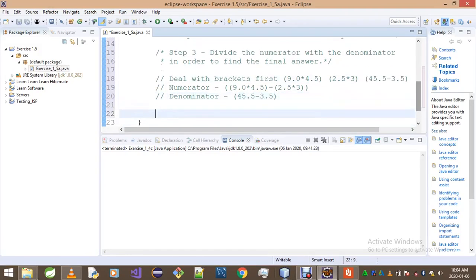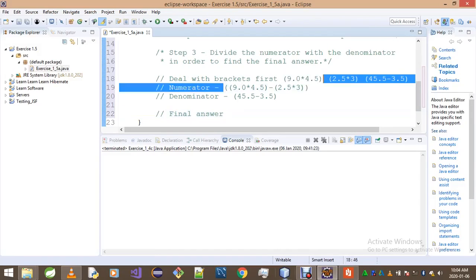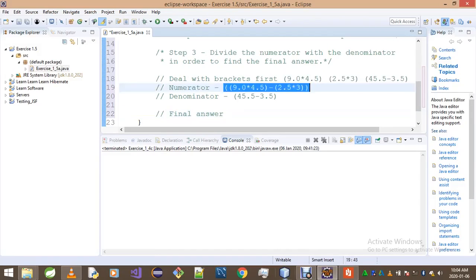Okay, now it is time to display our answer. So the final answer is this. Numerator. Here you gotta pay more attention to how I've laid out my brackets. You've got to find a right way to put your expression in brackets.